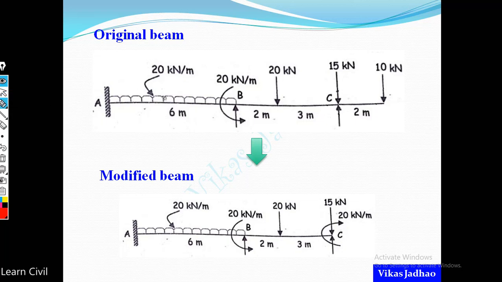What we have done for this modified beam, we have just converted this overhanging portion into a moment of 20 kN meter, that is 10 kN load multiplied by 2 meter, this particular distance. So it will be 20 kN meter, which will be clockwise moment. So our modified beam will be something like this.